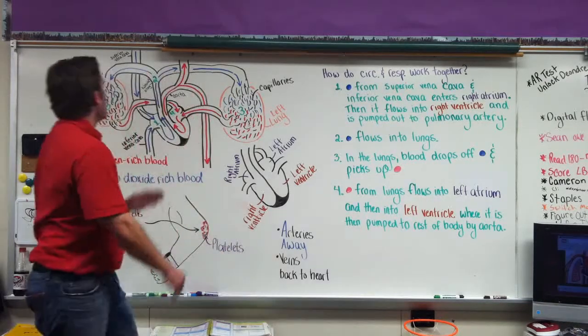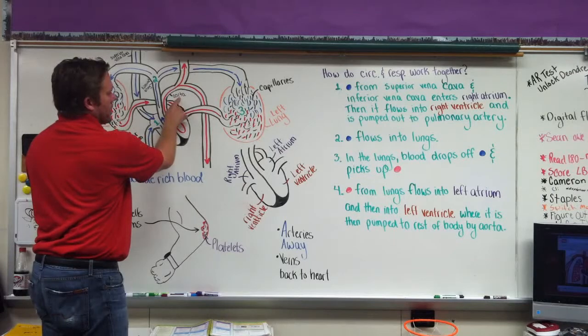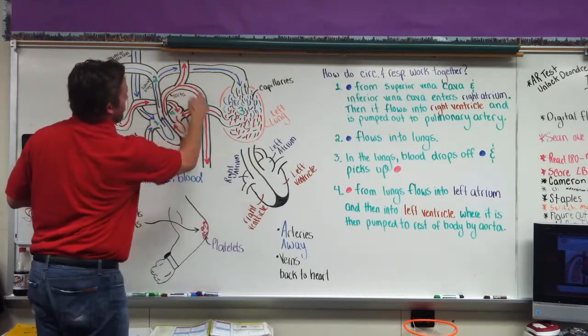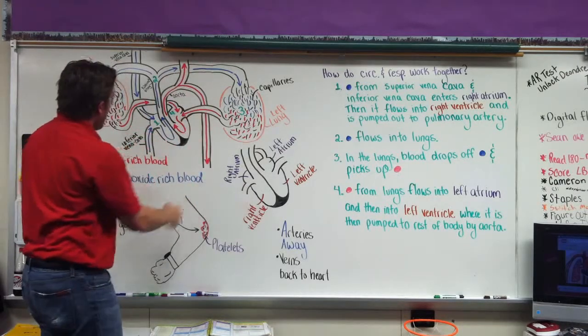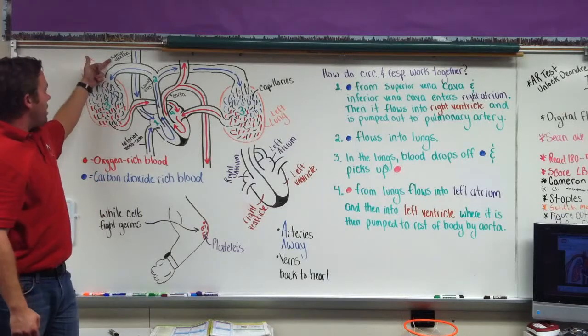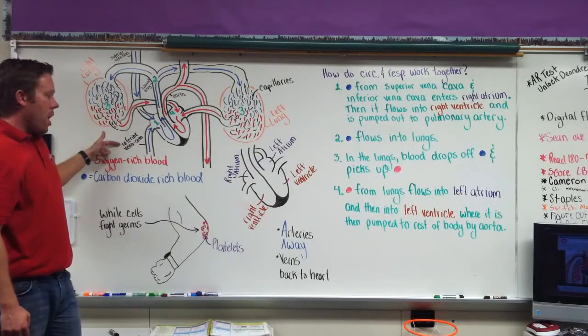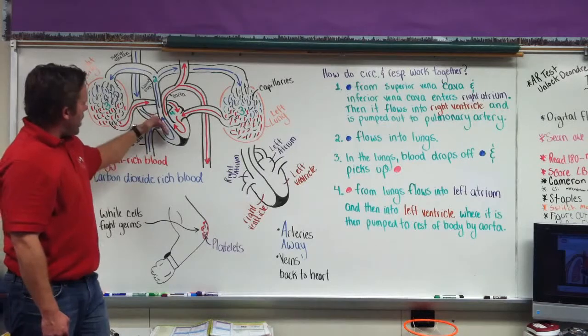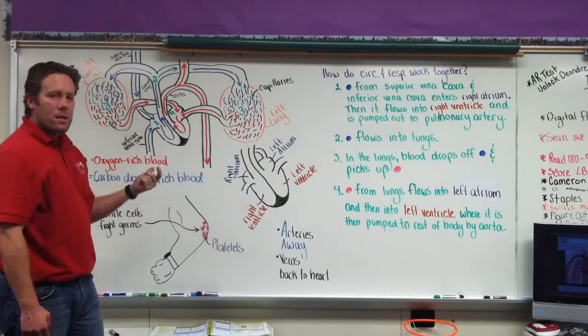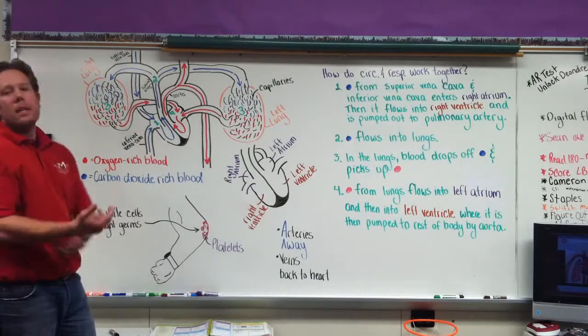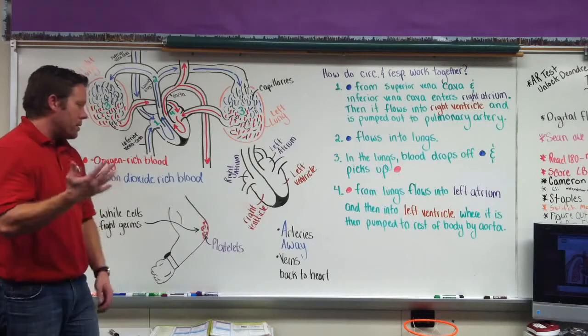So the aorta is an artery because it takes blood away from the heart. The superior vena cava and the inferior vena cava are veins because they are taking blood back to the heart. So that's another thing that you need to keep in mind.